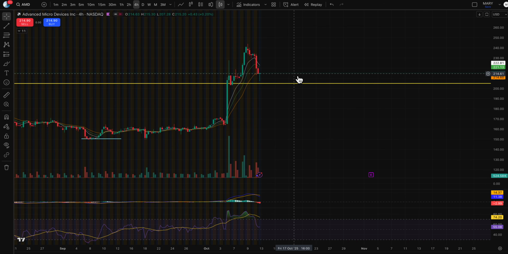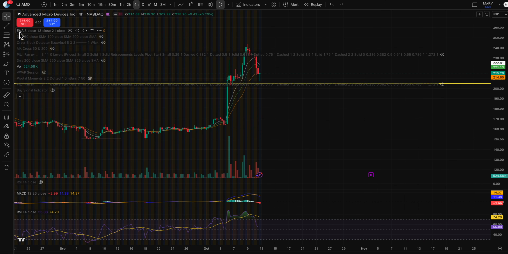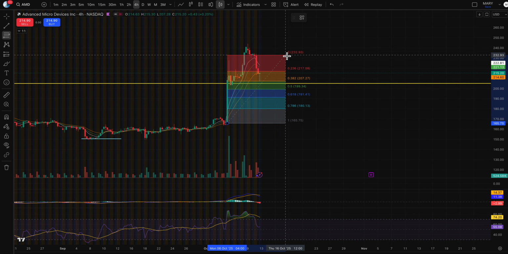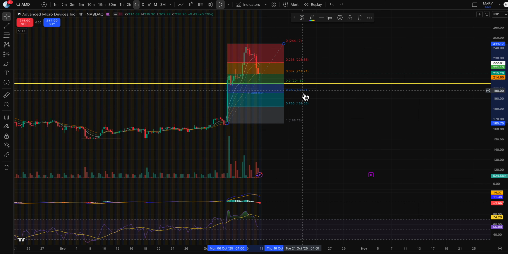And it retraced and respected that 21 EMA. This rally, if we measure the retracement or the pullback of this level, is most likely about 50% maybe. Close enough. So about 50% to 38%.